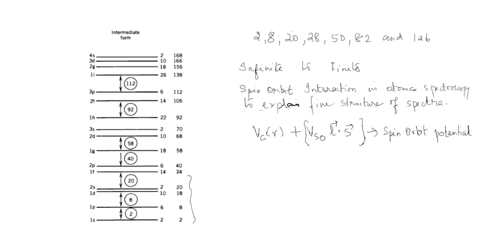So we are adding a term to the main potential called the spin orbit potential, which is of the functional form like this. And this L and S are the same things as in atomic spectroscopy. L is the orbital angular momentum, and S is the spin angular momentum.